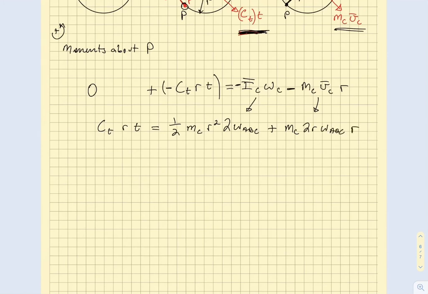And then I add in this term. So we have MC, and then we have the VC, which, if we look, VC is just 2R omega ABC. So 2R omega ABC, and then multiplied by another R.